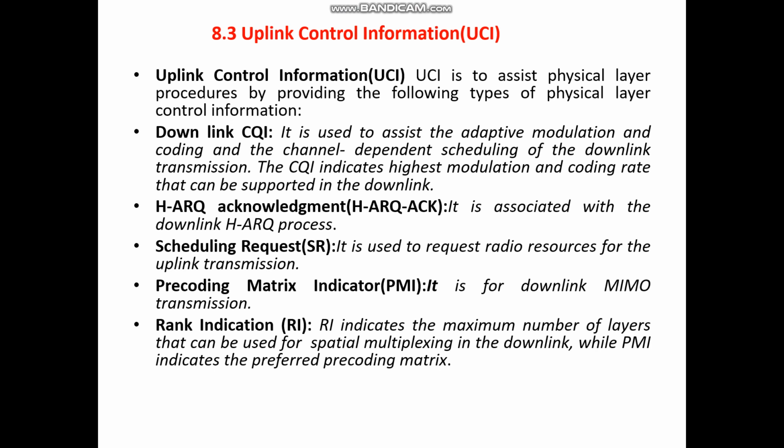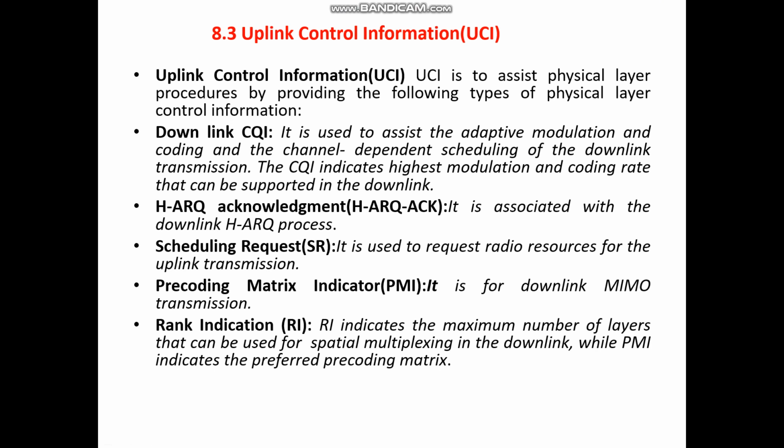UCI is there to assist physical layer procedures by providing the following types of physical layer control information. First one is downlink CQI. CQI means channel quality indicator. It is used to assist the adaptive modulation and coding and channel dependent scheduling of the downlink transmission.